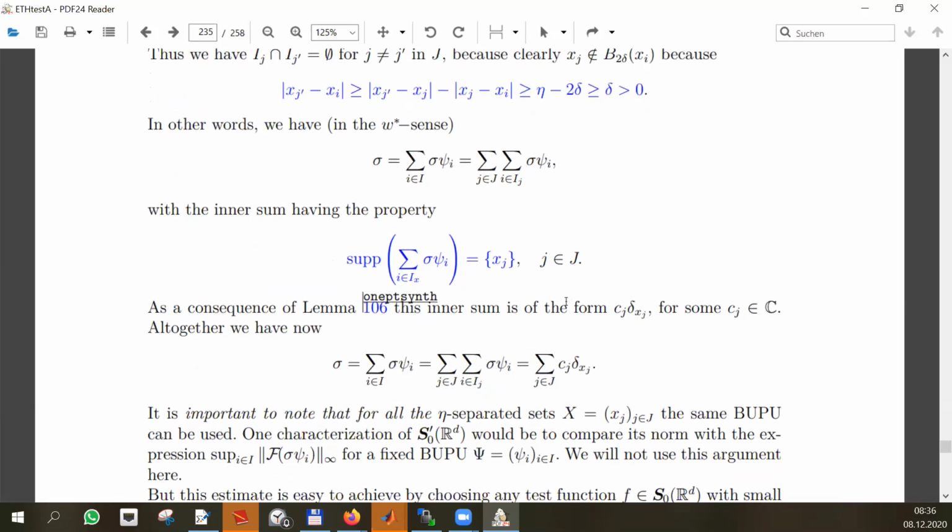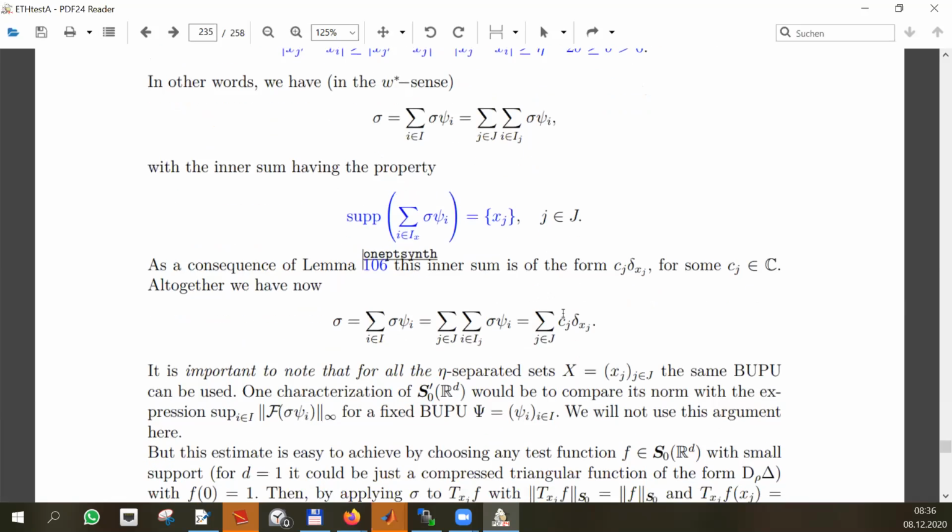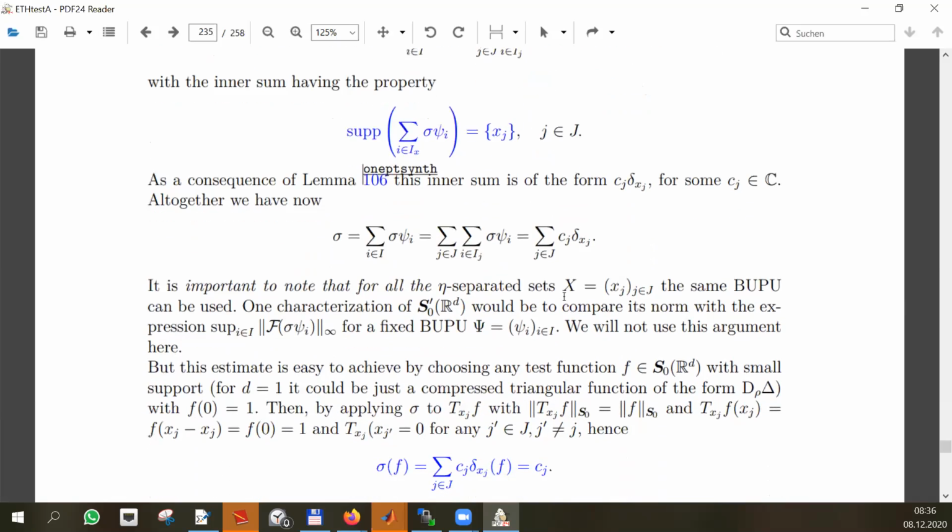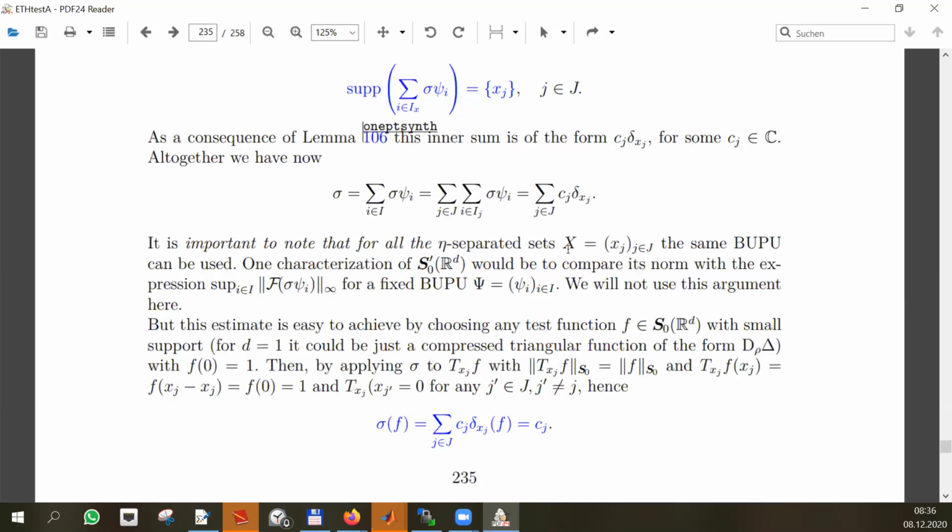And then each of those points is, by the lemma before, a Dirac measure at the point with some coefficients. Now, the question is, how can we demonstrate that the coefficients are uniformly bounded? And that's very easy.